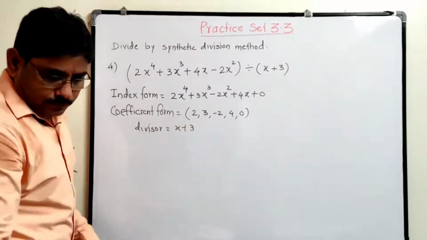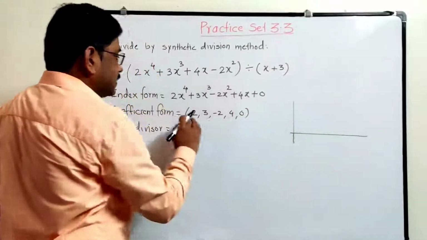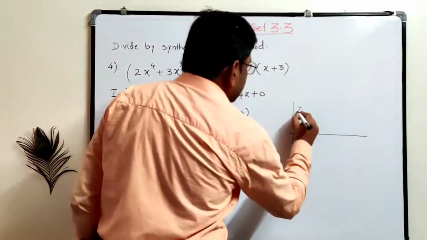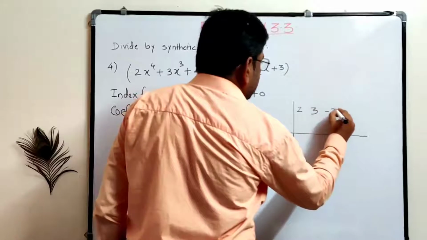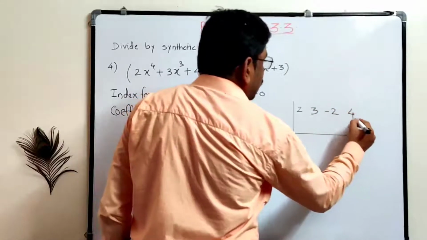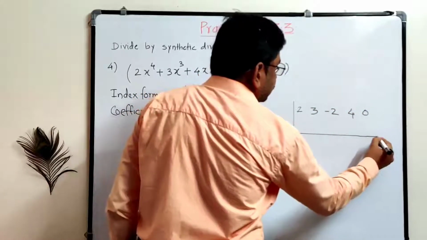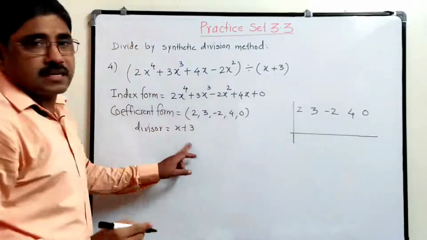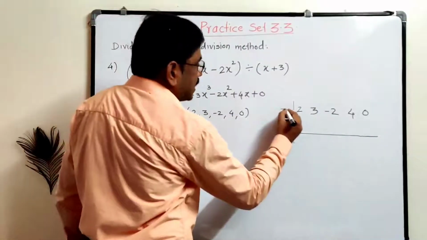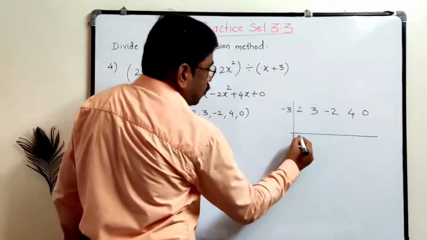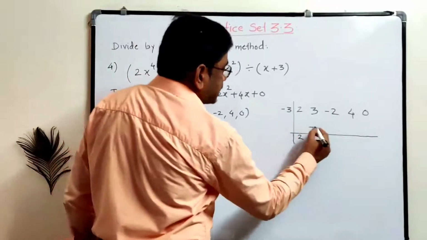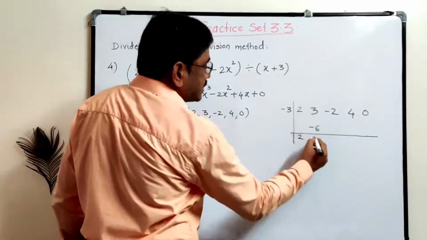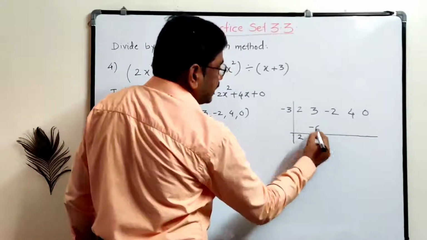3. In the first row we have to write these coefficients: 2, 3, minus 2, 4 and 0. Then the divisor is x plus 3. The opposite of 3 is minus 3. This 2 as it is. 3 twos are 6, with the minus sign, so minus 6. Minus 6 plus 3 is minus 3.